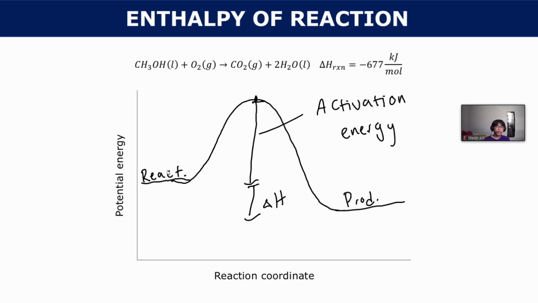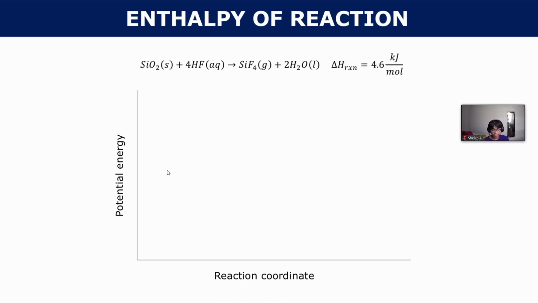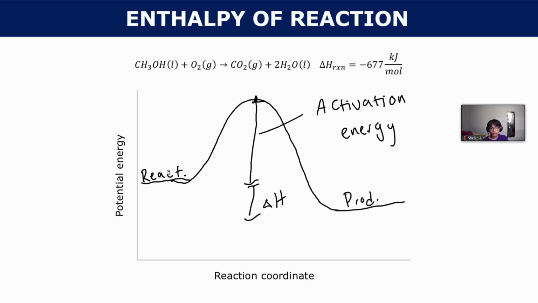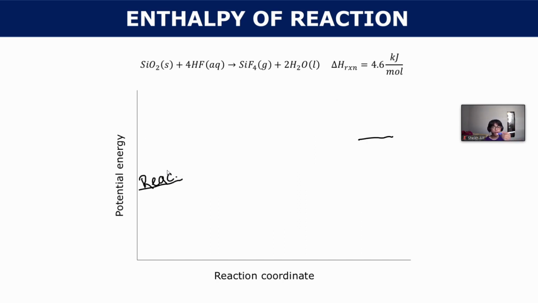And so we just saw what happens to an exothermic reaction. Let's see what happens to an endothermic reaction. In an endothermic reaction, you start off with your reactants somewhere, and then since you have an increase in energy, the level for the products is going to be higher than the reactants. So remember, for the previous one, the products were underneath the reactants, but in this case, the products are going to be above the reactants because you have an increase in energy.